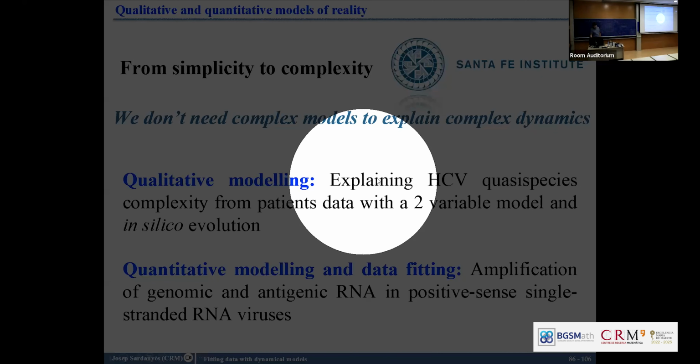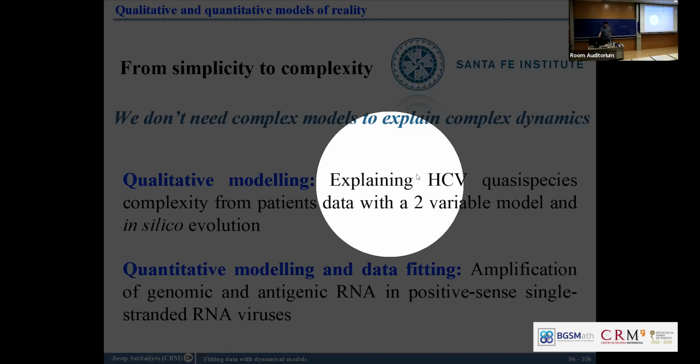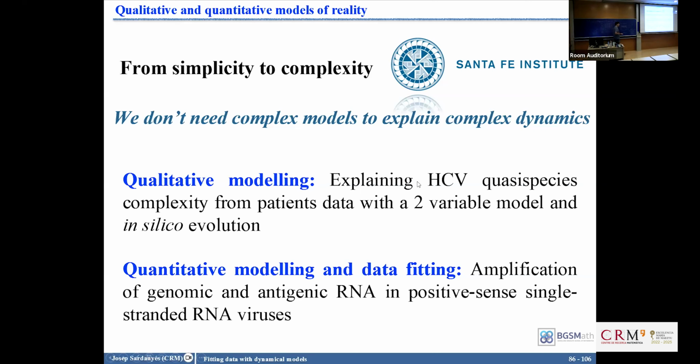when I was at UPF doing my PhD, some virologists there that have some expertise also in theoretical work had done the analysis of some patients that were infected with hepatitis C, and they were observing something with the samples.